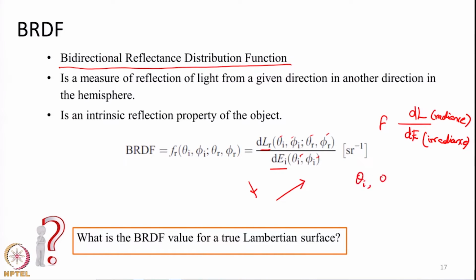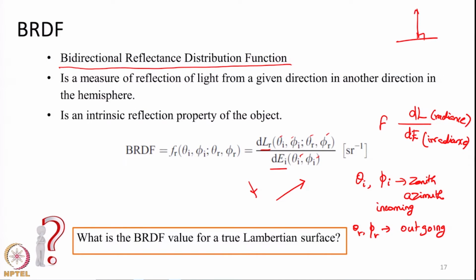Theta i and phi i indicate the zenith and azimuth angles of incoming radiation, whereas theta r and phi r are the zenith and azimuth angles of outgoing radiation. Let me repeat: the zenith angle is the angle measured with respect to the normal to the surface, or with respect to vertical, and the azimuth angle is the horizontal angle we measure with respect to some reference direction.